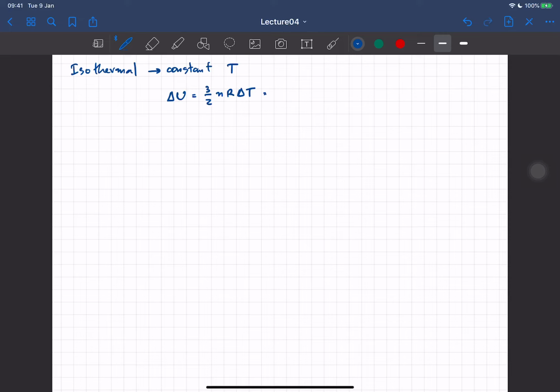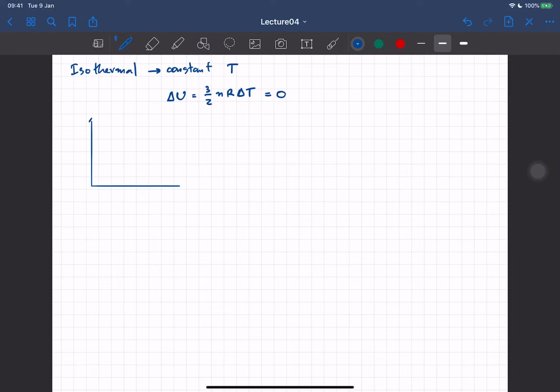So in this case, delta U is 0 also. Okay, so isothermal process is the process where internal energy does not change because temperature is not changing. Okay, constant T. When we draw the PV diagram, it's not going to be a straight line any longer.